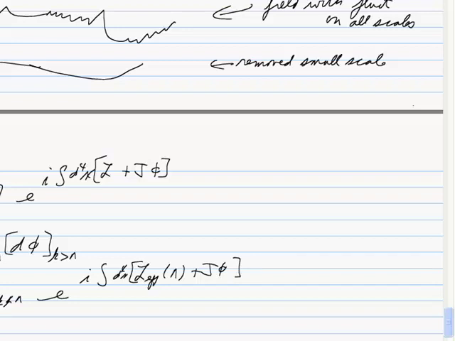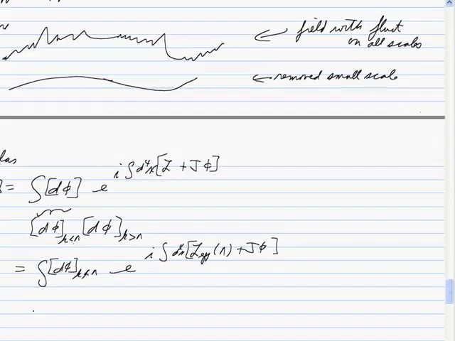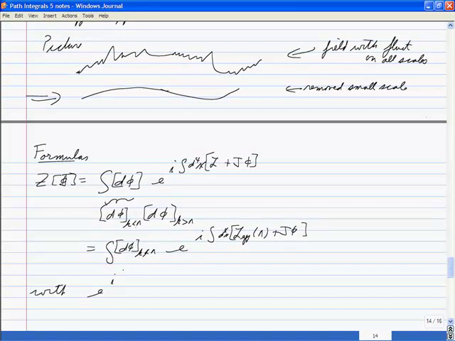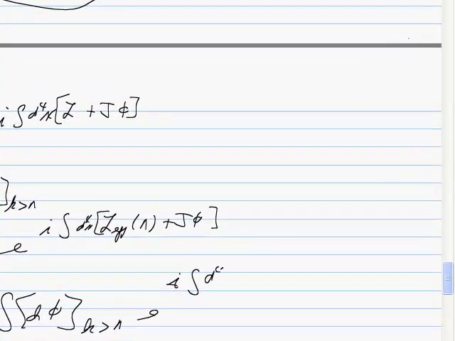Okay, and to get that, you take e to the i L effective to be the integral over the high stuff, k bigger than lambda, of e to the i times the full thing. Okay, so that's the idea.